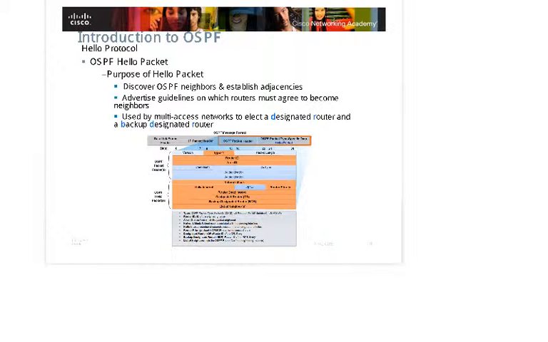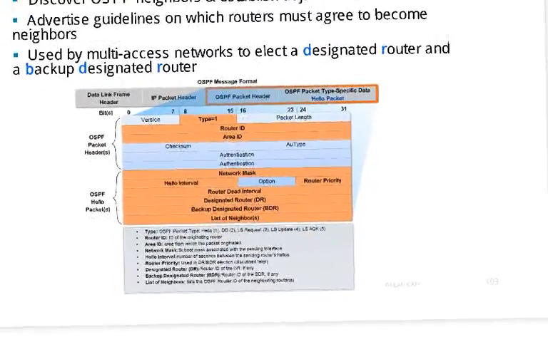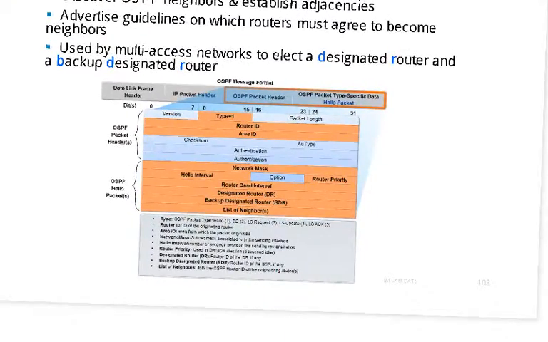So in the hello packet, you have the packet header, and in the packet header you have the message type. Let me just maximize it a little bit. Here the type is 1 to indicate a hello packet, right? So this is the message header. You have the router ID and the area ID where this packet originated from. So it's originated from a specific router ID in a specific area.